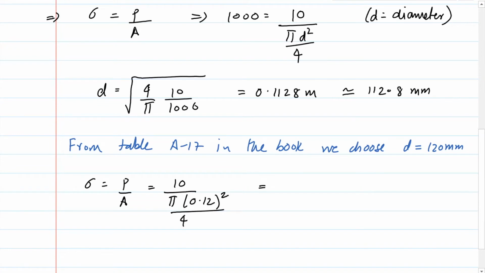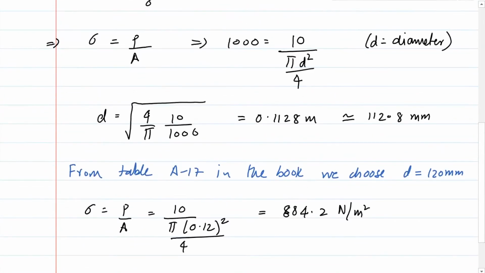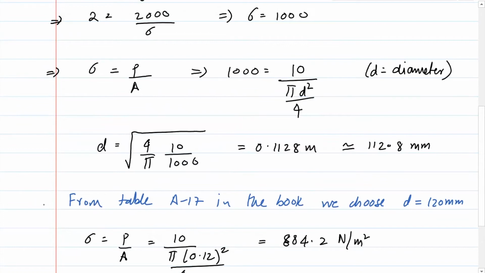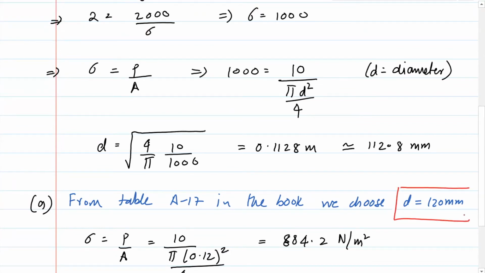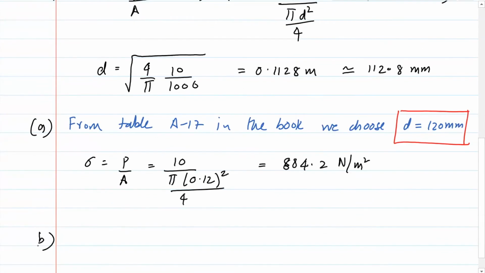And I think that works out to be, so what I got is 884 newtons per meter squared. By the way, this was the solution to part A. And it's always good practice to box your answers, so when we grade it, it's very easy to spot. So A is that, and then B.